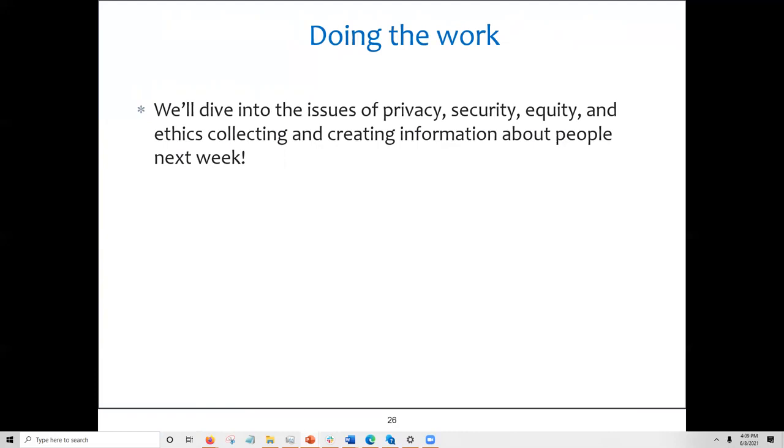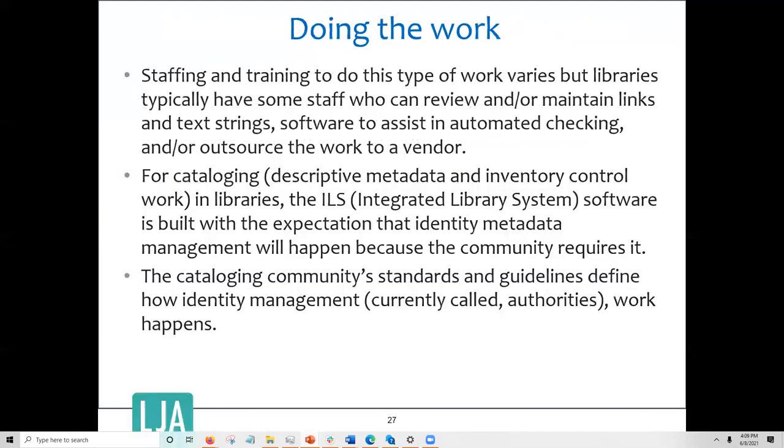So next week, we're really going to dive into those issues of privacy, security, equity, and the ethics of collecting and creating information about people, because it is a very important issue to this.